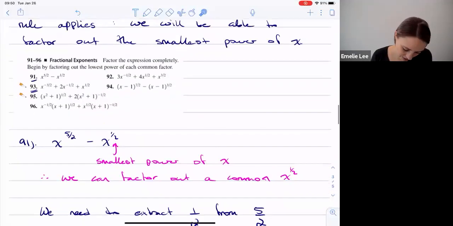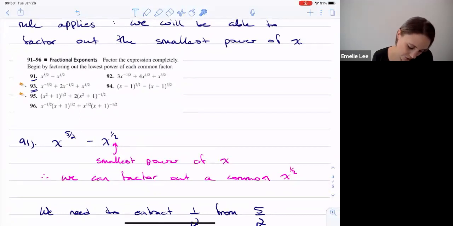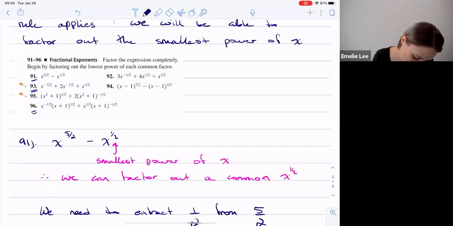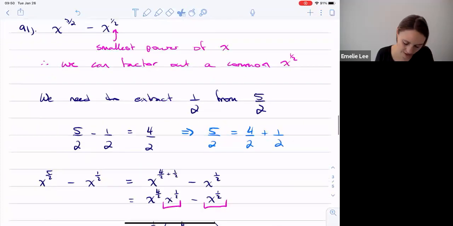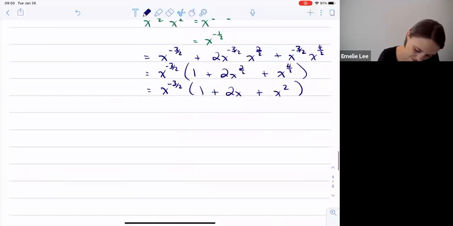Let's do another one. Which one do I want to do? Let's do 96. Again, I'm just going to steal it here so I don't have to remember it.